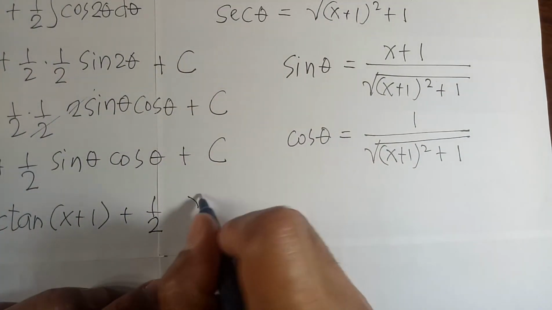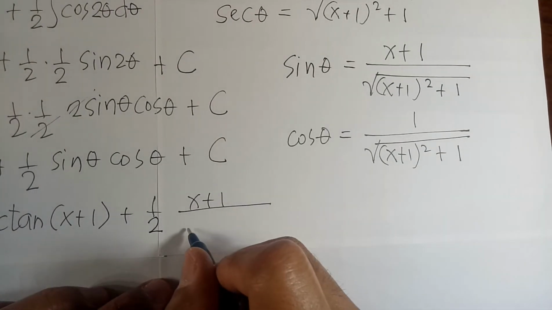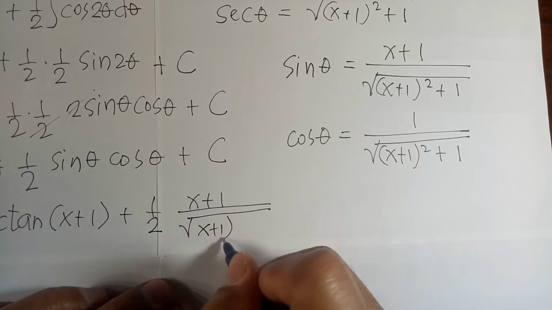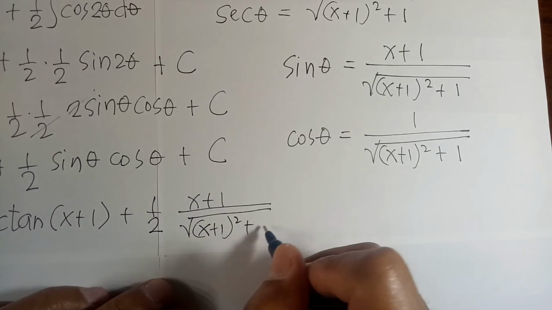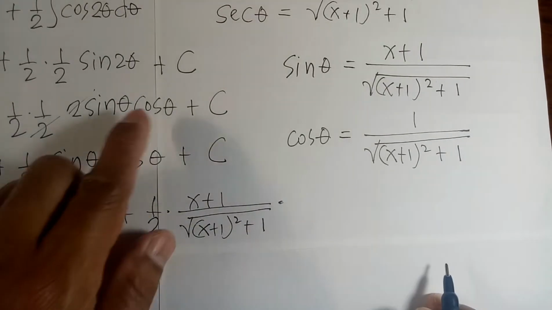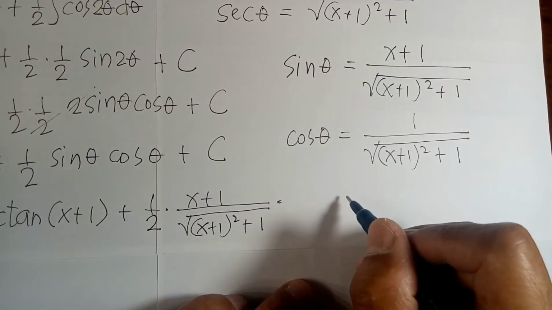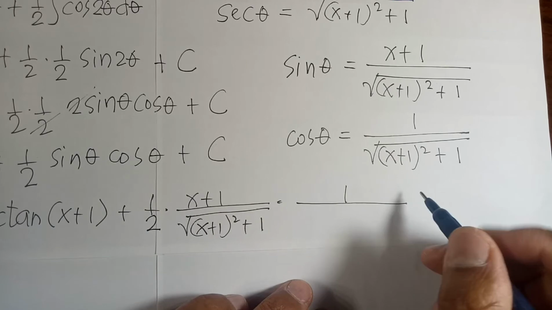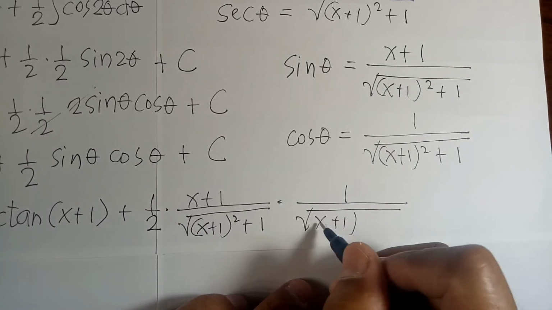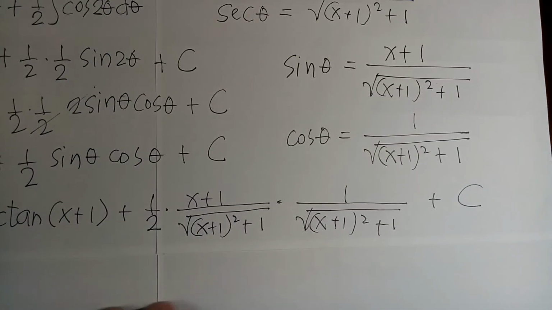So, x plus 1 divided by square root of x plus 1 squared plus 1. And then times cosine of theta. Ito naman yung cosine of theta. No? So, 1 divided by square root of x plus 1 squared plus 1. Tapos yung plus c, no?